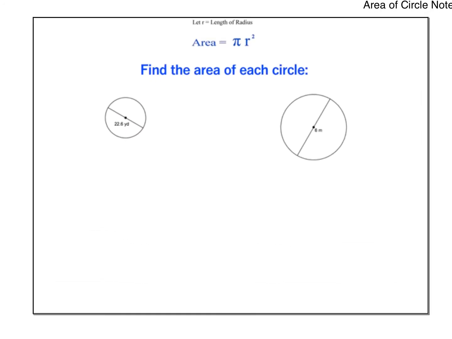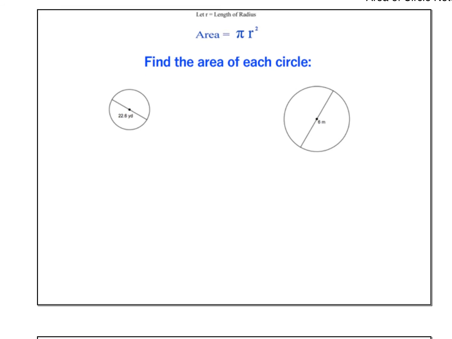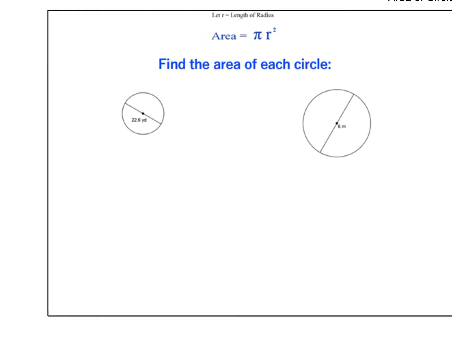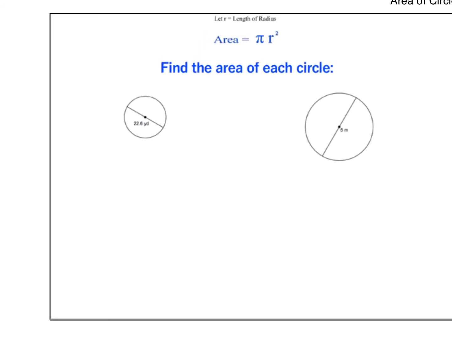All right, so let's try one more together, and then I'll have you do the next one on your own. So again, we're finding area, and we have our formula A equals pi r squared. So we start out by writing our formula. A equals pi r squared. So we do not know A, that's what we're solving for, but we know pi.